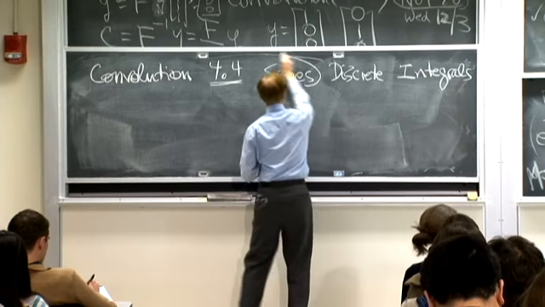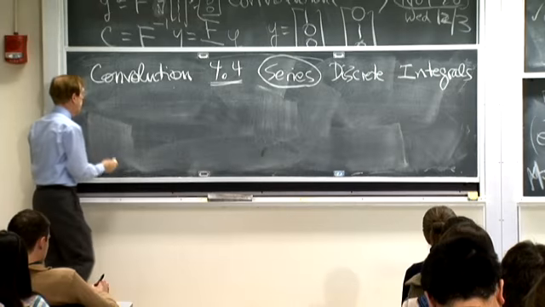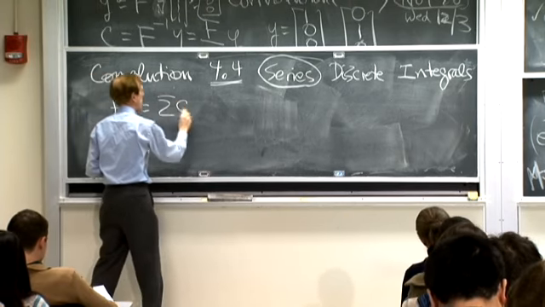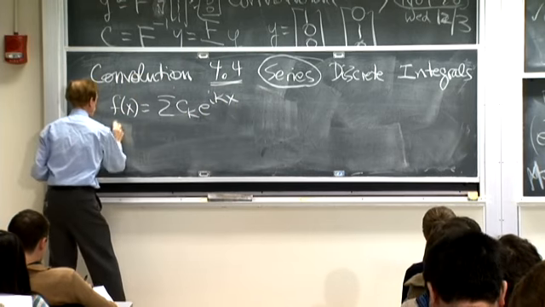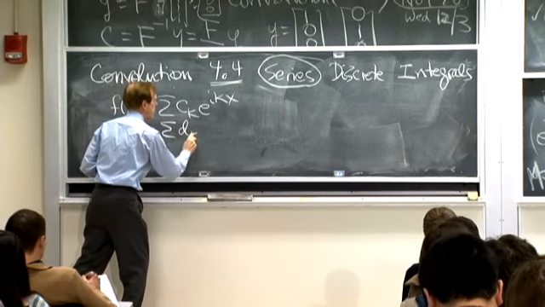So I'll do the series. Let me start with a couple of series. f of x is the sum of c_k e^(ikx). g of x is the sum of some other coefficients.